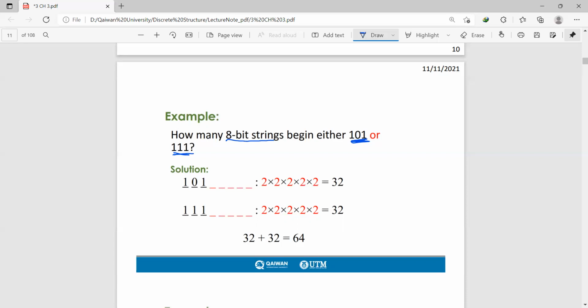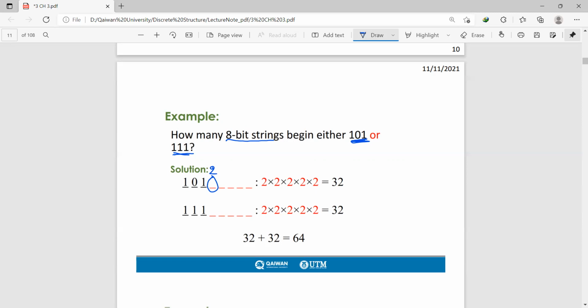Here we just choose each bit among 0 or 1. It's either 0 or 1. That means you have only 2 choices for each bit. As you pick one from 2 things, that means you have 2 ways.